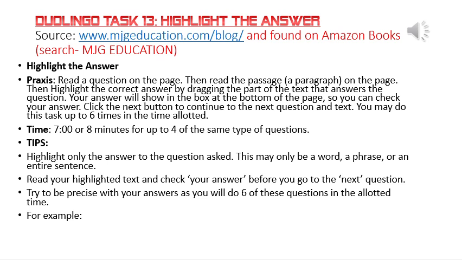Louis XVI, guillotined during the Revolution, 1793. His wife, Marie Antoinette, too. It mentions King Charles X fled after the July Revolution in 1830. And then it says he was succeeded by Louis-Philippe d'Orléans. Years later, he also had to flee, went to England using the name Mr. Smith. And the passage then says this Louis-Philippe, aka Mr. Smith, was the last French king.